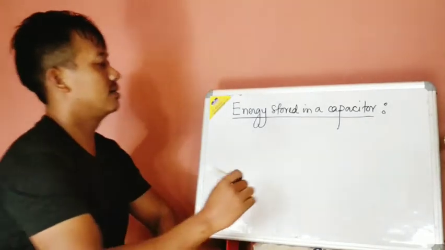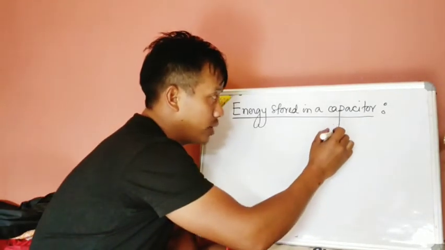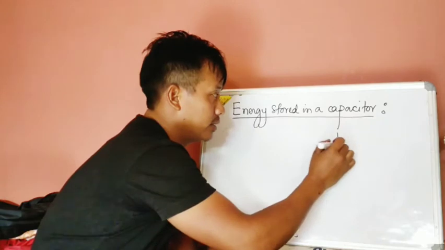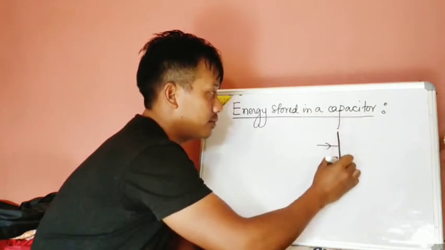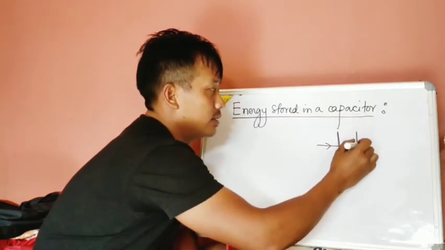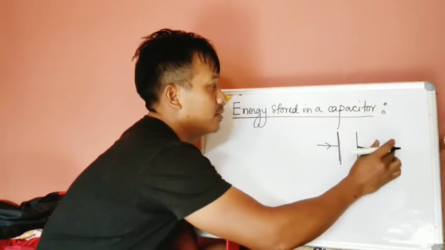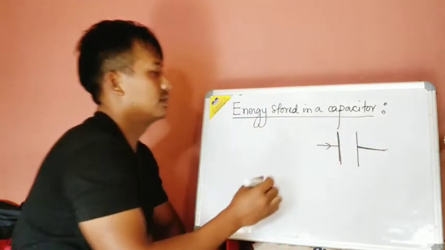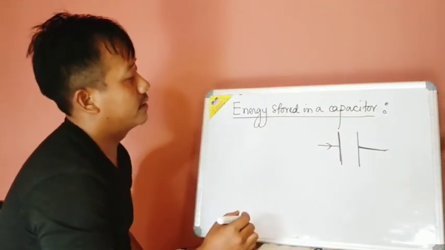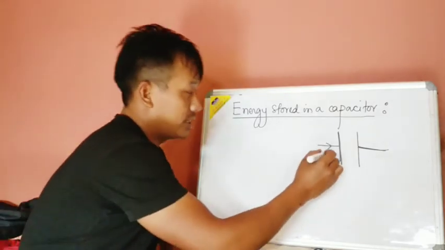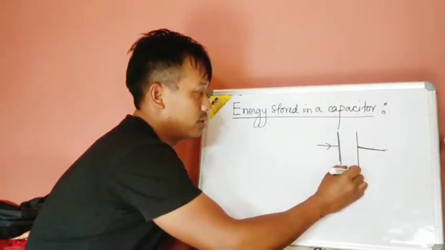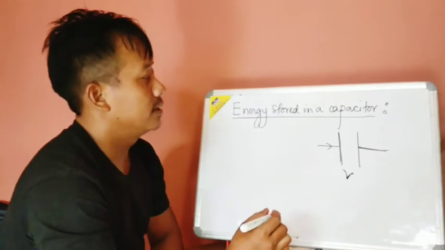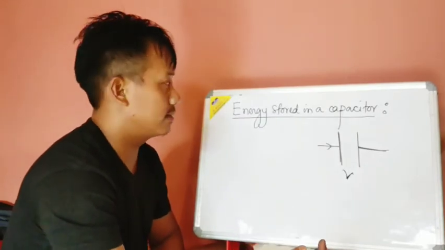Let us see how. When you apply a certain potential, let us say potential V across the capacitor, the charge goes on increasing.